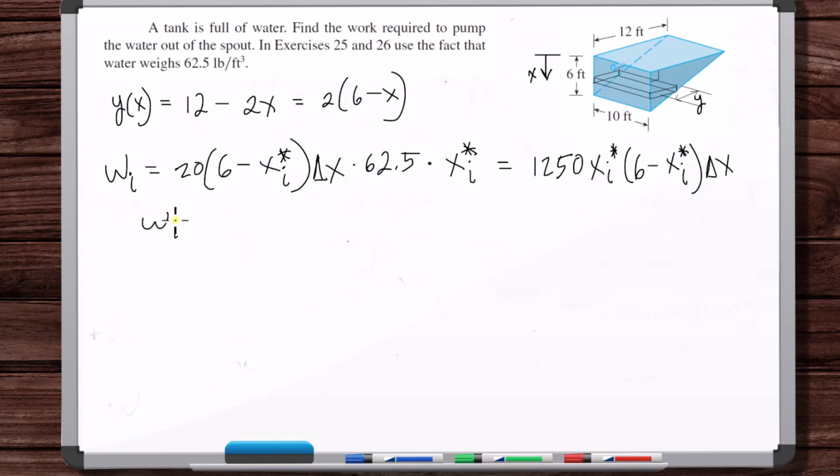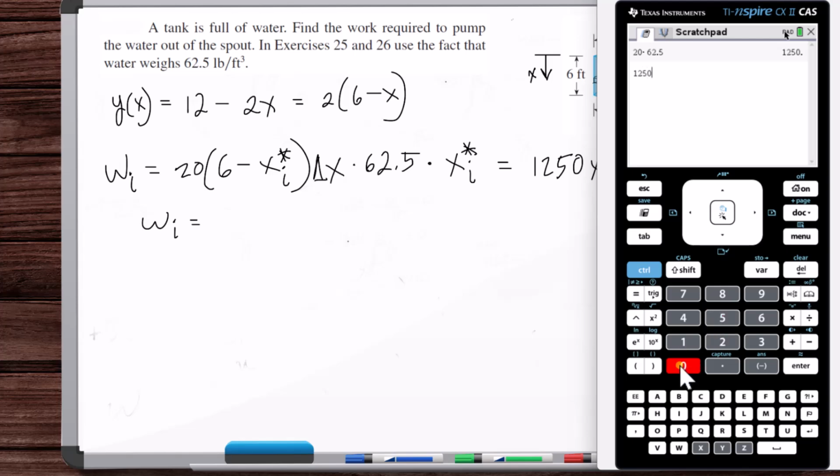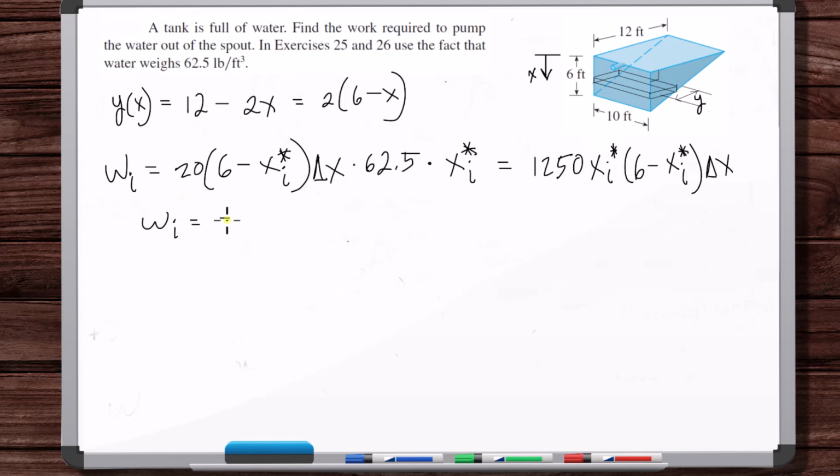So Wi, we can simplify this a little bit more. 625 times 12 is 7,500 xi star minus 1250 xi star squared. Okay, yeah, so there's Wi.